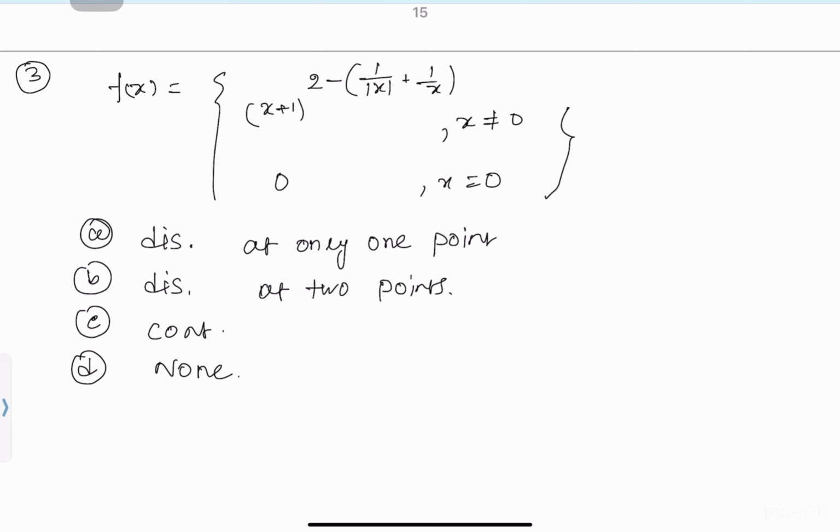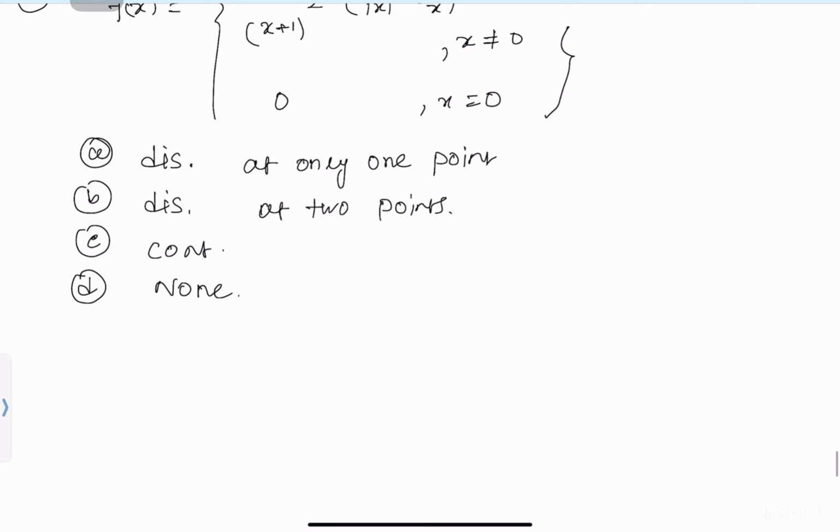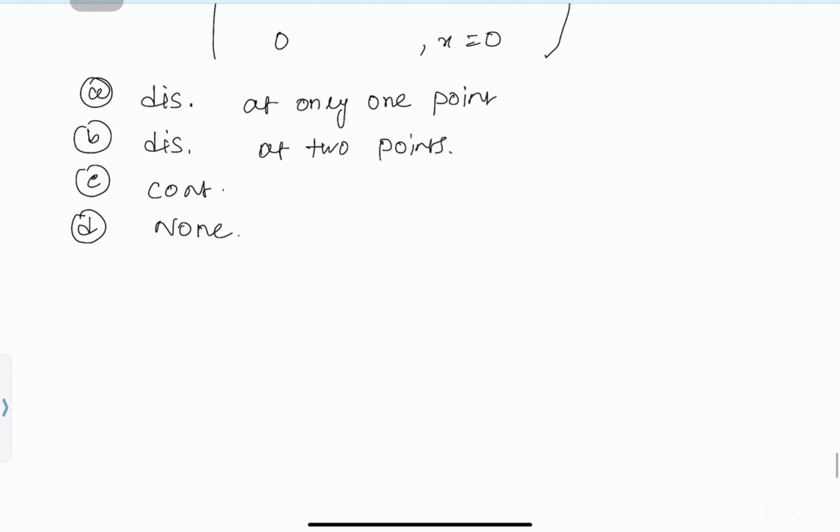So whenever the function changes its value at some point, you can verify whether that point is continuous or discontinuous. Here we observe that at x equal to 0 the function changes its value. So let's check the continuity at x equal to 0.